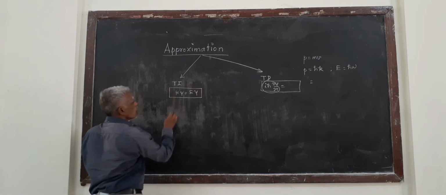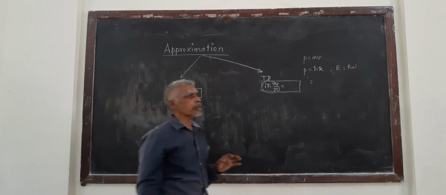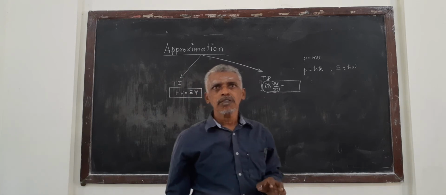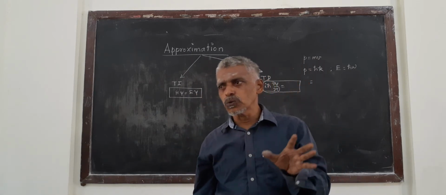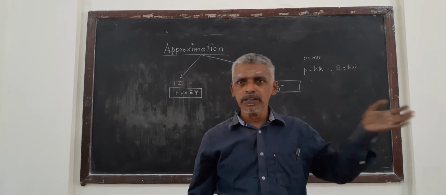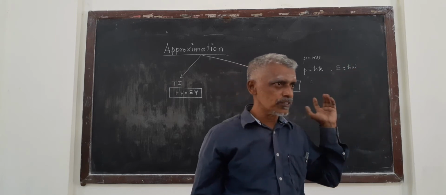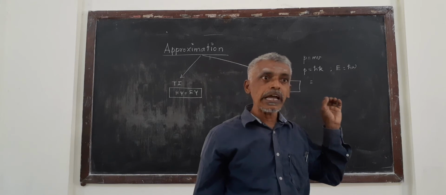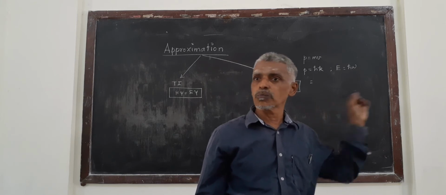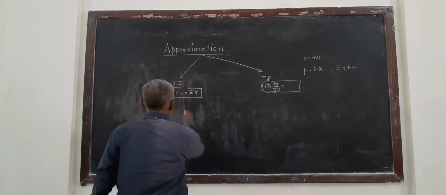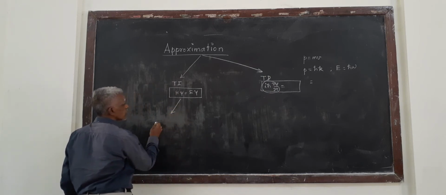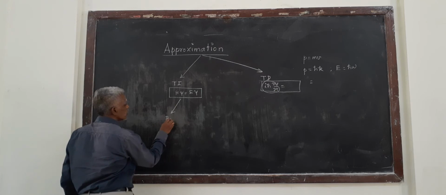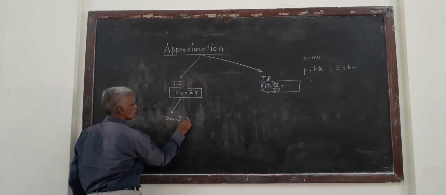Now here also, in general, the approximation methods, as we have divided into two, time independent and time dependent, we have written one example equation on the board. Here also you can say bound states.